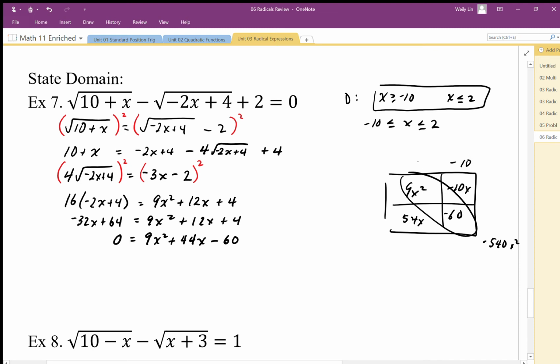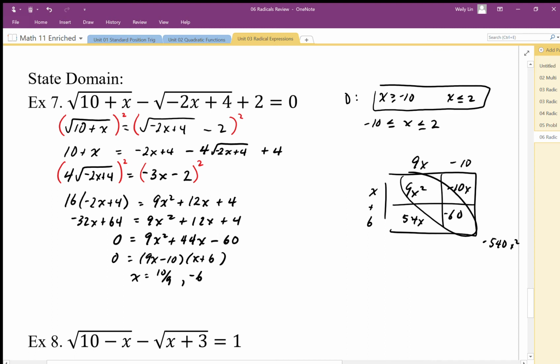This is going to be 9x. This way is going to be just x, and the common factor this way is going to be positive 6. Just double checking, yeah, that looks like it's going to factor. So we end up with 9x minus 10, x plus 6. So x is equal to 10 over 9 and negative 6.